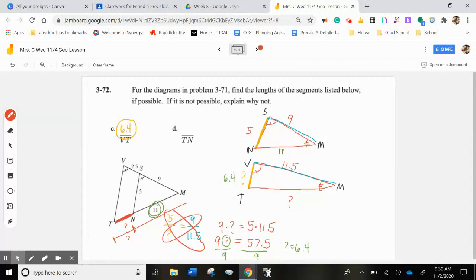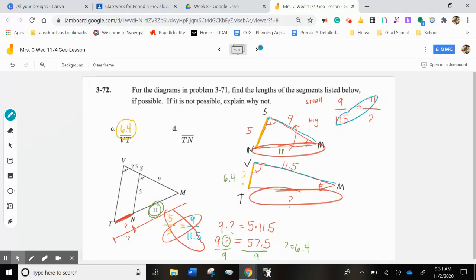We can still use the 9 and 11.5. Which means 11 and question mark are going to be the other side of our equation. 11 needs to go on top. Remember, we're keeping the small shape on top, the big on the bottom, and then question mark on the bottom.